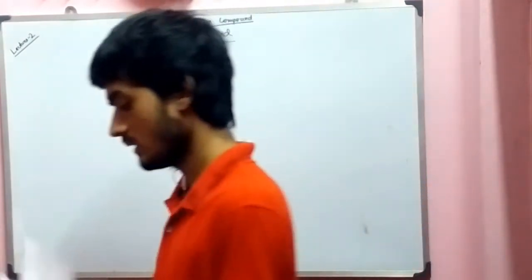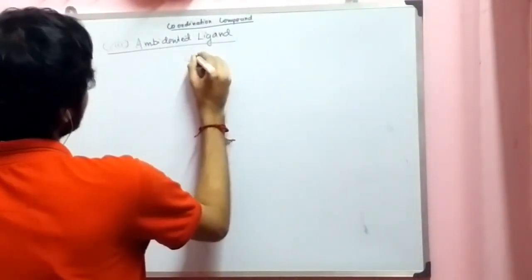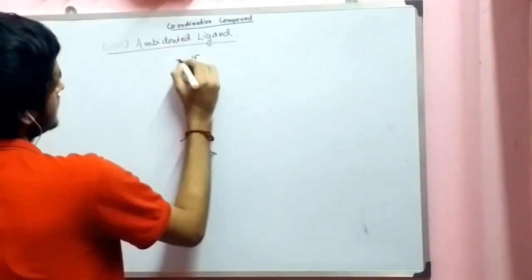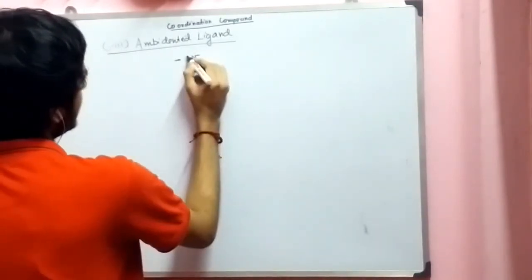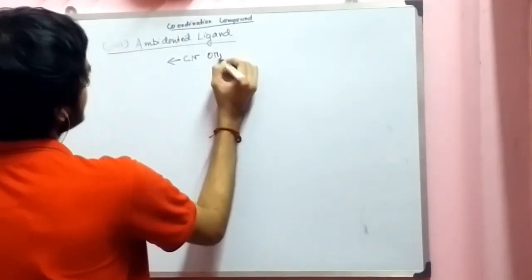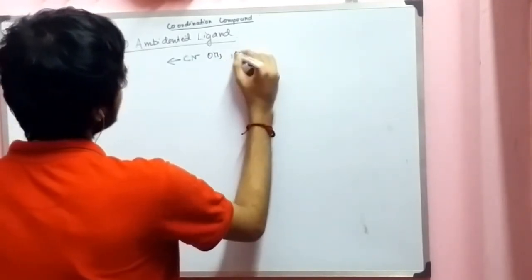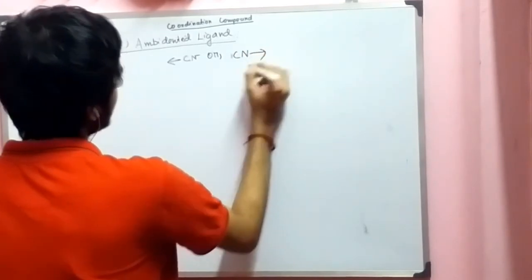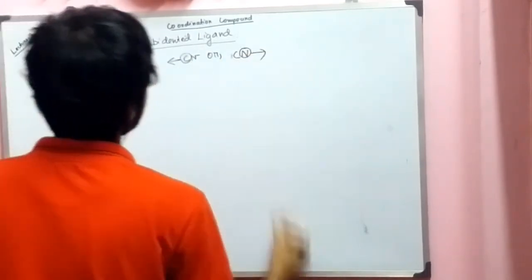Suppose I am taking an example to make you understand that. Let me take CN. This CN ligand can donate its electron through C or through N. The carbon atom also can donate electron, and the nitrogen atom also can donate electron.